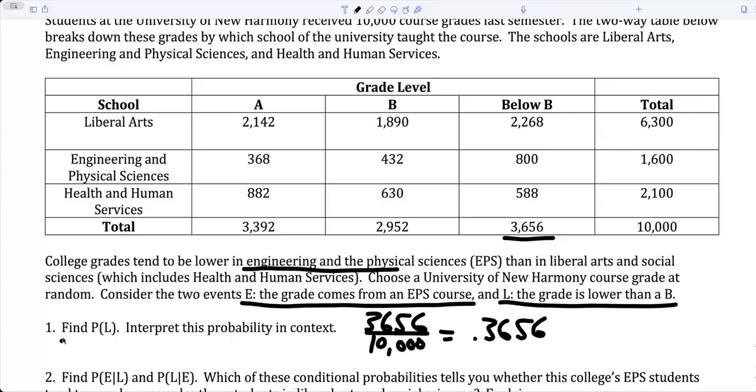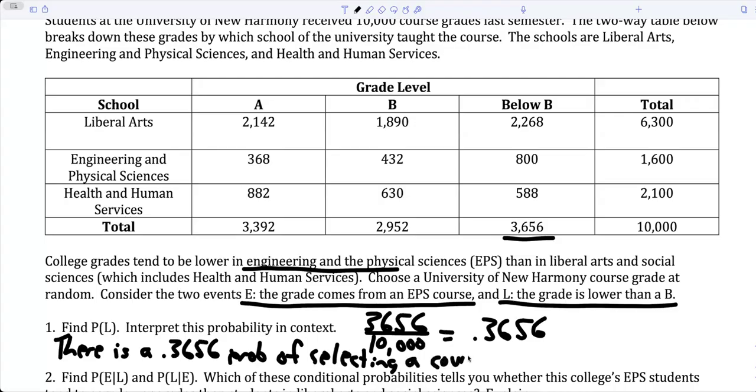Okay, so I'm going to say there's a 0.3656 probability of selecting a course grade lower than a B.